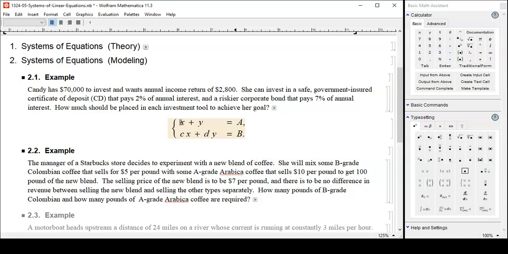A little bit more generally, we can consider this kind of situation too: AX plus BY equals A, and CX plus DY equals B. But here, in this particular case, I don't have to consider AX plus BY. Total investment adds up to 70,000.